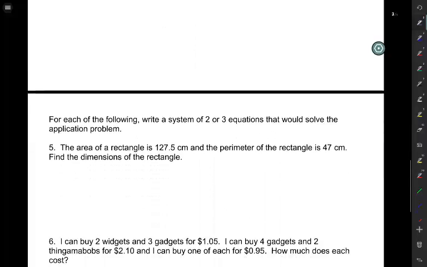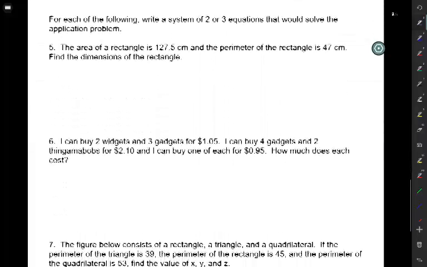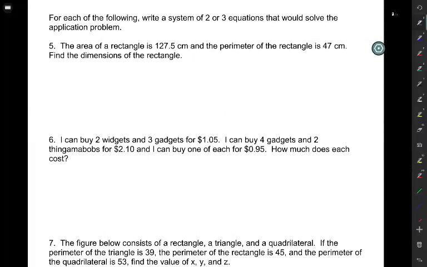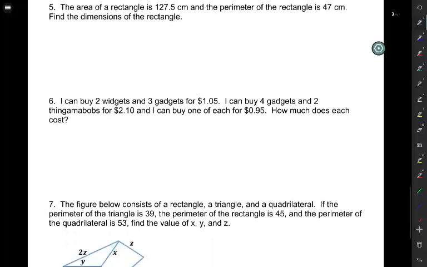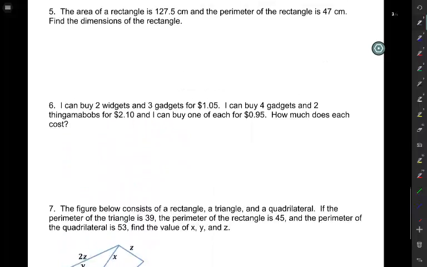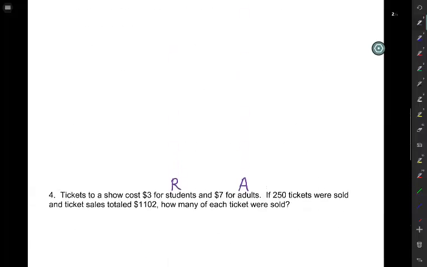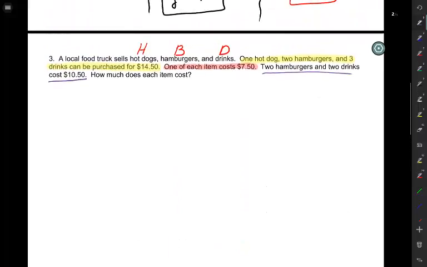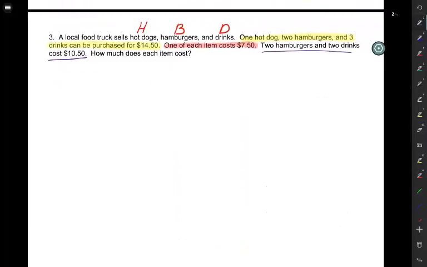Okay, let's look down at the next one. The area of a rectangle and the perimeter of a rectangle. Find the dimensions. What are your variables? L and W for length and width. Okay. And so what we're going to do here is I've got 5 problems on the remaining part of the worksheet that I want us to go through and set up and solve.